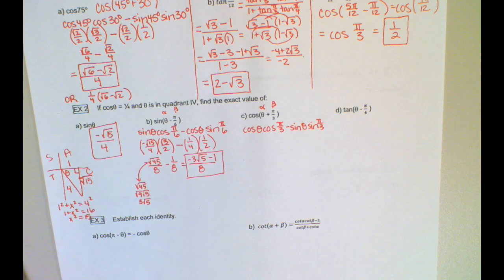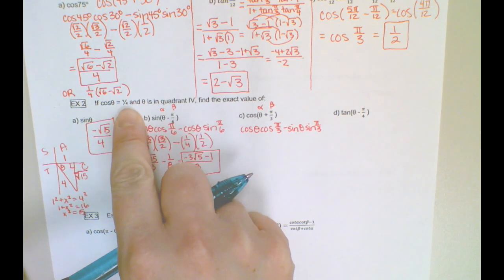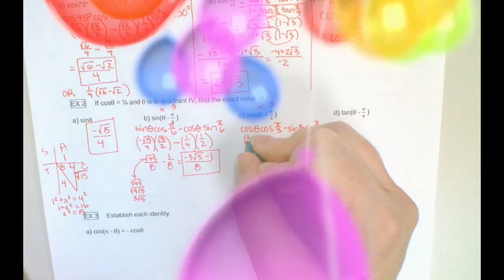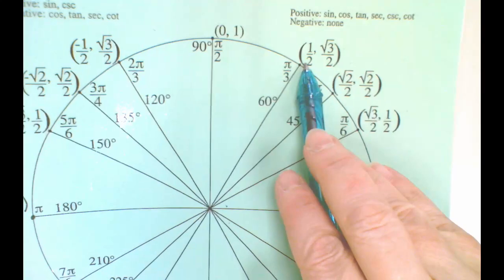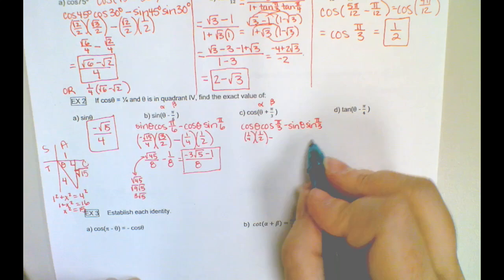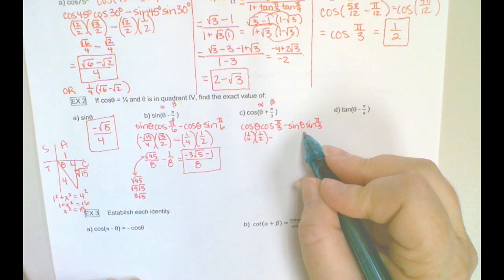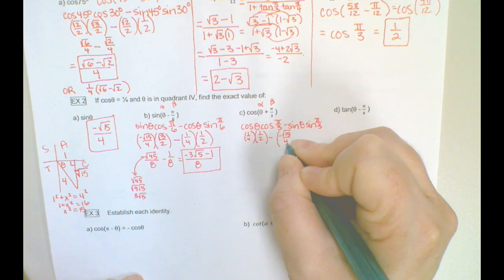And just doing the exact same thing. So cosine of theta, again, was one of our givens. So that's 1/4. Cosine at pi over 3 on my unit circle is 1/2. Minus sine of theta, negative radical 15 over 4.